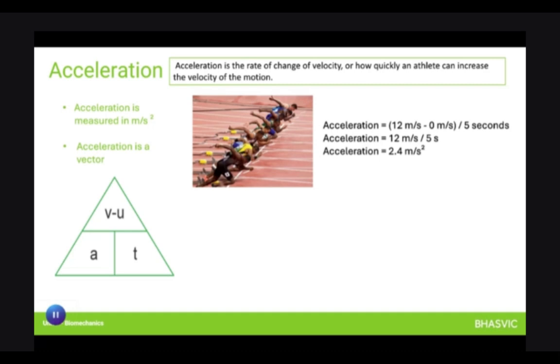This would mean that the sprinter's acceleration between the 0 to 50 meter split was 2.4 meters per second squared.